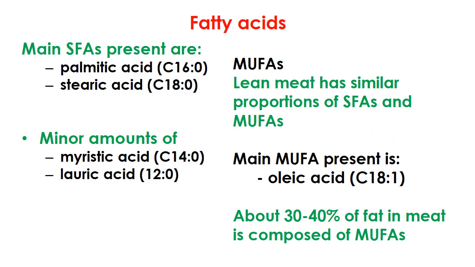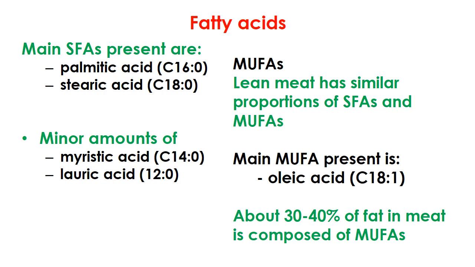Now a little more detail about the fatty acids in meat. As I mentioned, the major saturated fatty acids present in meat lipid are palmitic and stearic. Palmitic has 16 carbon and stearic has 18 carbon. And there are very minor quantities of other saturated fatty acids like myristic acid, which is 14 carbon, and lauric acid, which is 12 carbon.